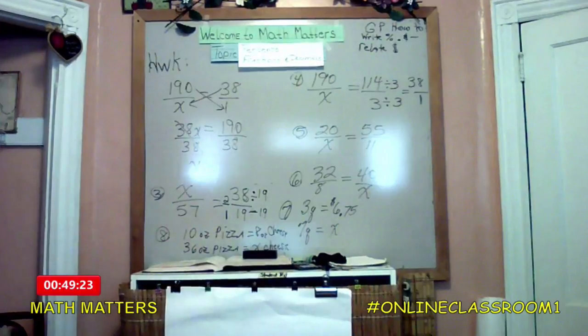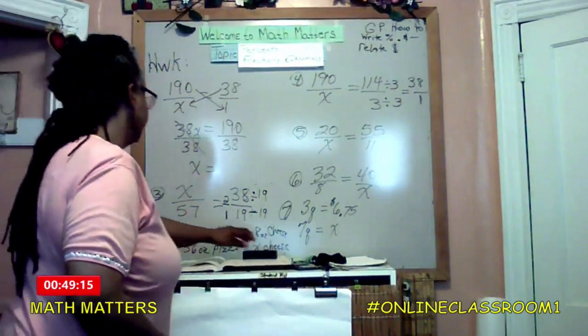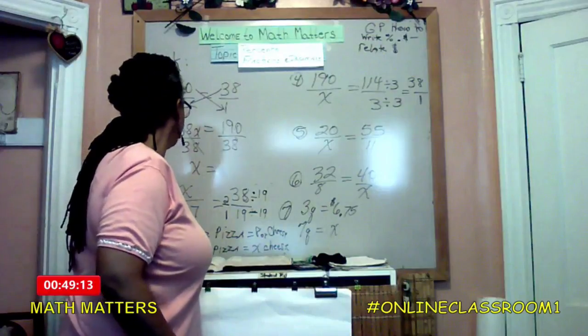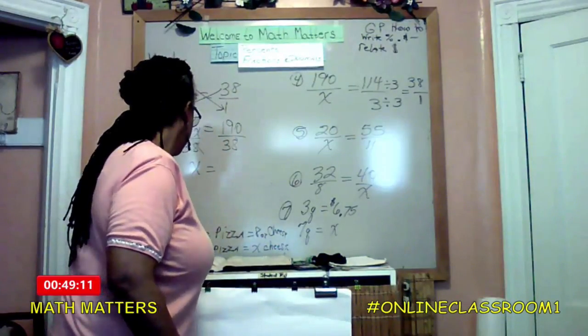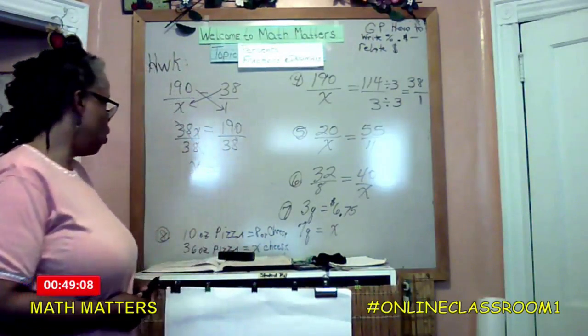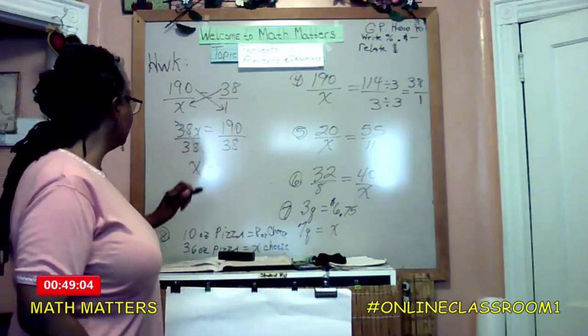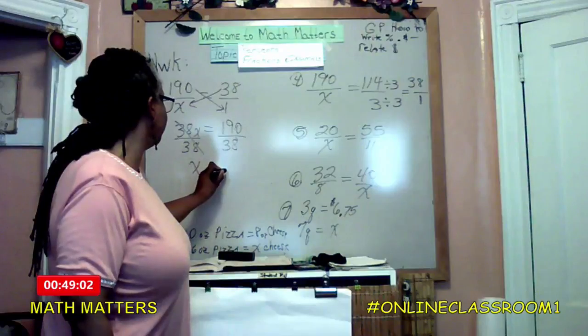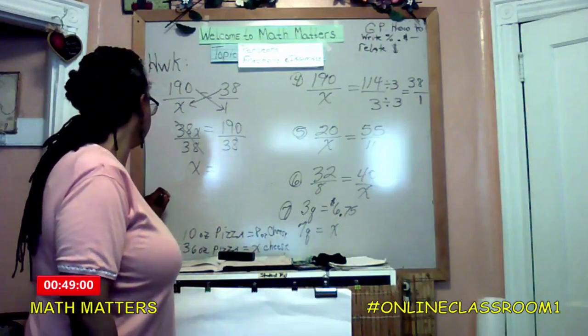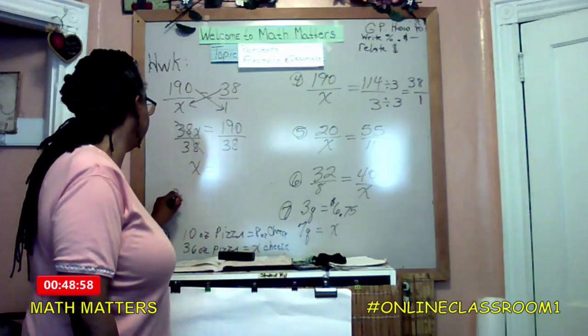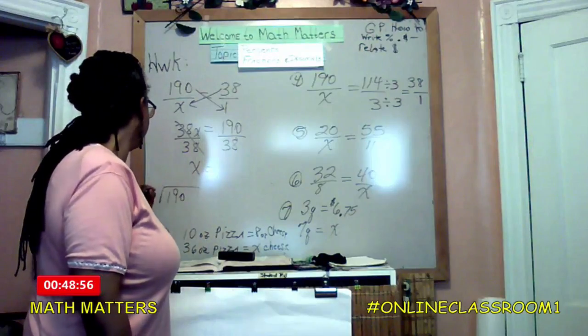See if you can figure that out. I'll give us more room. 190 divided by 38. This is going to be like a guess and check, I would think. Let's do it down here. 190 divided by 38.